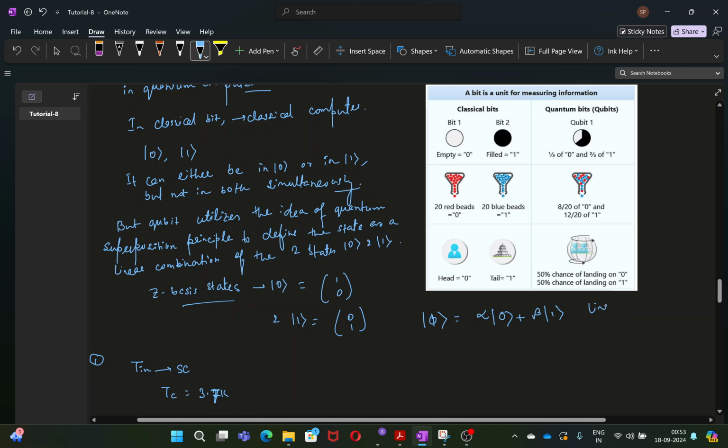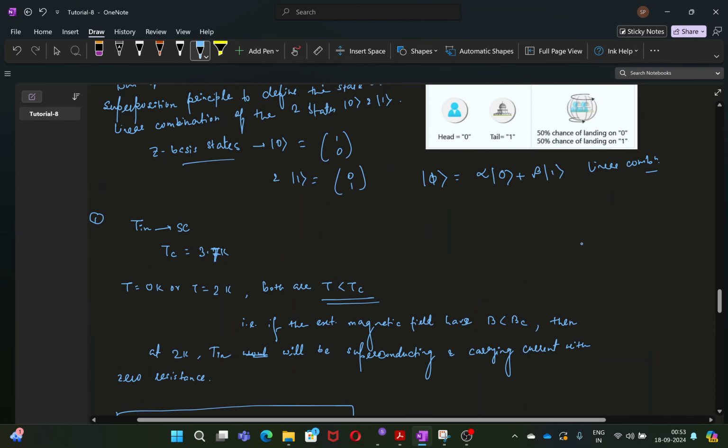This is the linear combination, or superposition, of states that I was talking about.